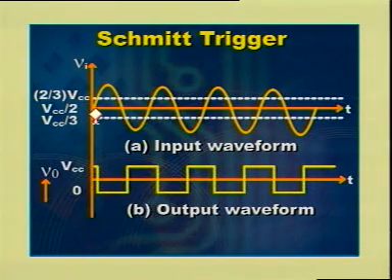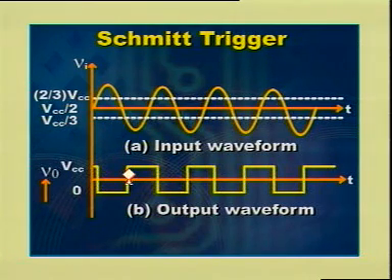When the input voltage reaches 2/3 VCC, then the output changes its state and comes to the lower value. It waits until the discharging voltage reaches 1/3 VCC. It happens at the 1/3 VCC point of input voltage.